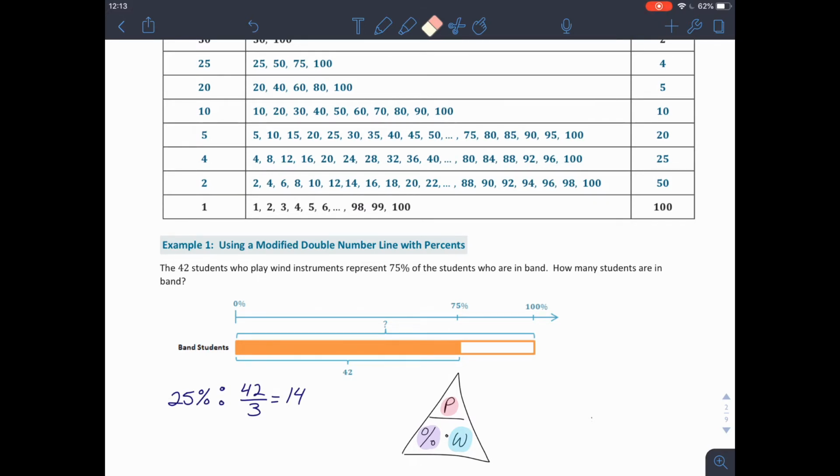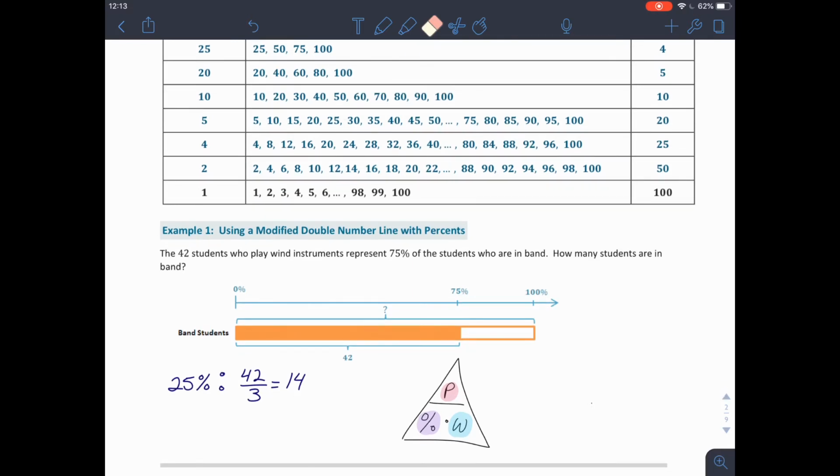If I try to figure out what would be in 25%, I can figure out better what 100% would be. So 25% would be 3 pieces. If I take that 42 and break it up in 3 pieces, it'd be 14 students, because 14 plus 14 plus 14, those 3 25s get us to 75%. Then to get to 100%, instead of having 3 sets of 14, I would need 4 sets of 14. So 14 times 4 gets me 56.